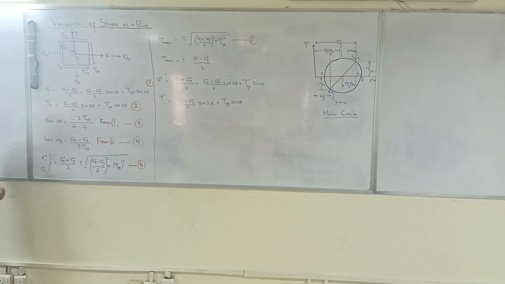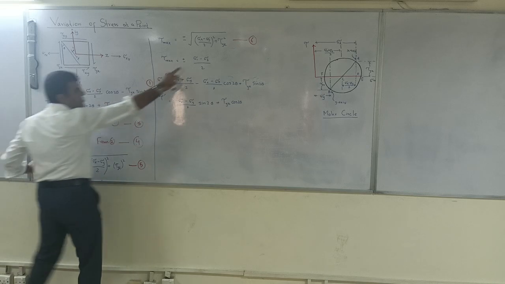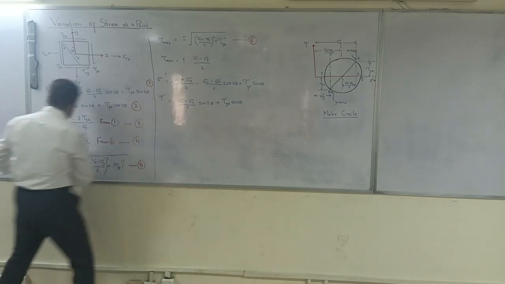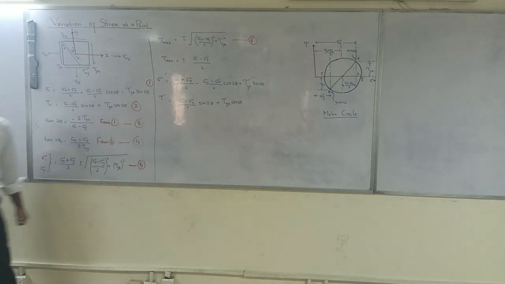So from that we can say that tau max is plus minus stress 1 minus stress 2 divided by 2. So if you take this stress 1, stress 1 is stress x plus stress y divided by 2 plus this, and stress 2 is stress x plus stress y divided by 2 minus this. If I do stress 1 minus stress 2 divided by 2 on it, I will get exactly this one.